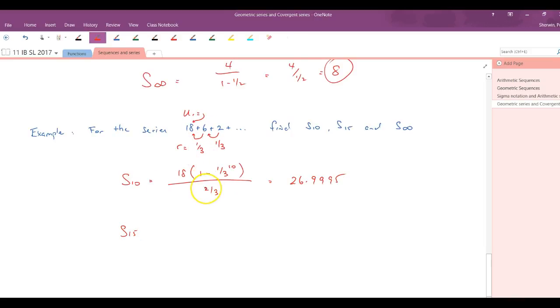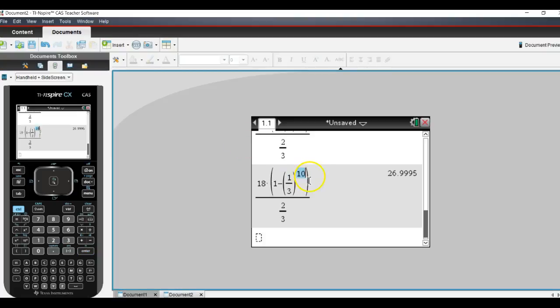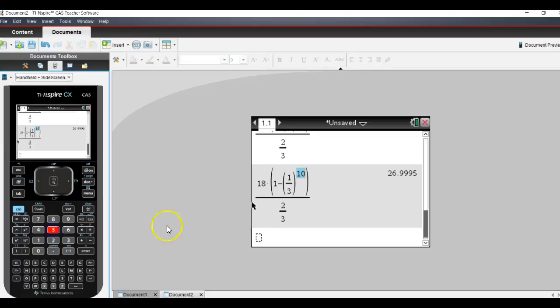Now you can probably see where this is going. Because r is 1/3, it has a convergent series, and we've looked at the sum of the first 10. What do you reckon the sum of the first 15 is going to be? The only change is now 1 minus 1/3 to the power of 15 over 2/3. We go back into our calculator and change our power to 15. Just try that again.